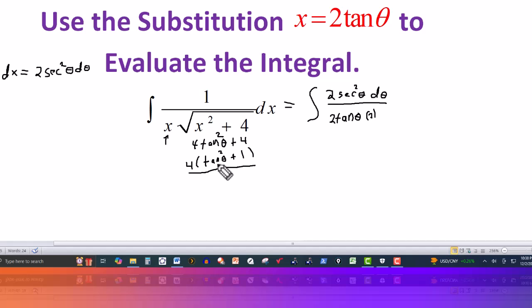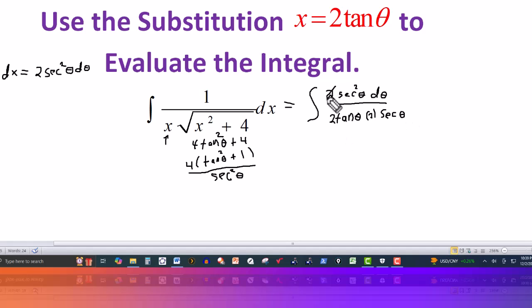That's secant squared of theta, one of your Pythagorean identities. But we got that under the radical, so we take the square root of that. Don't have to worry about absolute values here. We'll assume we're dealing with acute angles. This will be secant of theta.